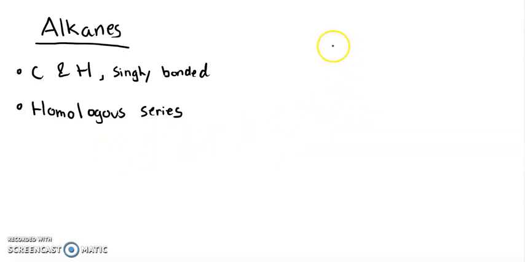So we can have a look at the most simple alkane of them all. It has one carbon and 4 hydrogens. Maybe you know it, but this one is called methane. So this is the start of one homologous series.